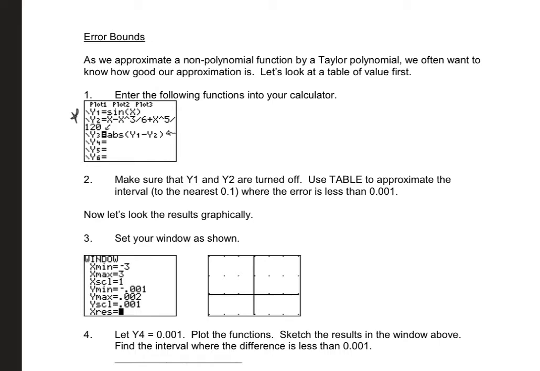Now for your window, we can set it like we see here. x-min and x-max are going to be -3 to 3, and the scale is 1. The y-min and y-max are going to go from -0.01 to +0.02, and our scale is going to be 0.01. So on this graph, this is going to be 0.001, and this is 0.002 in the y direction.